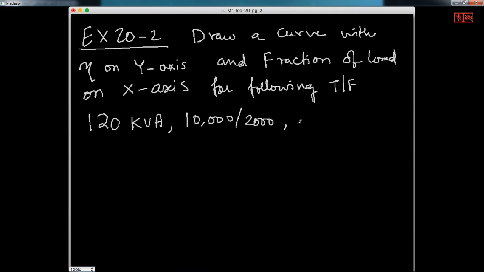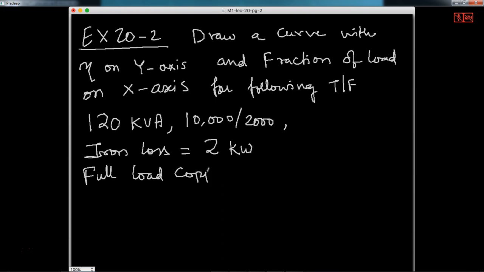Whose iron loss is 2 kilowatt. So this is nothing but Wi.